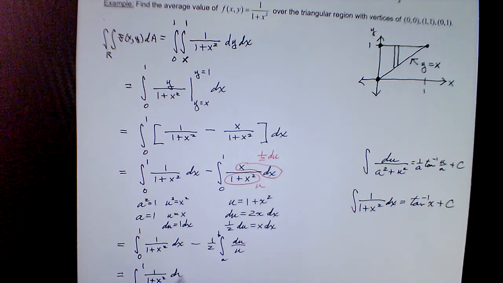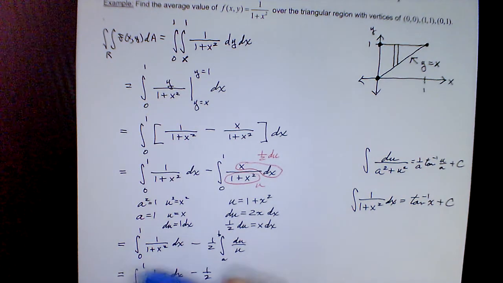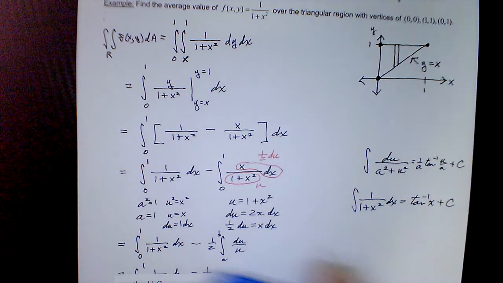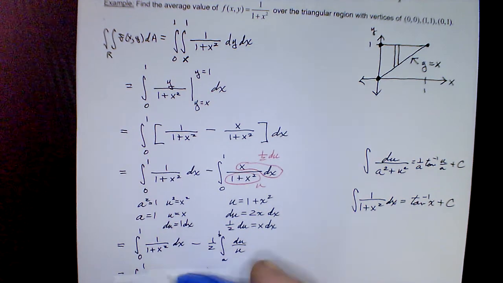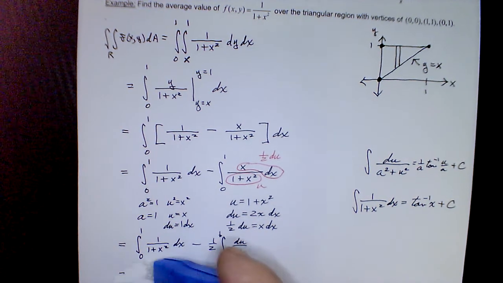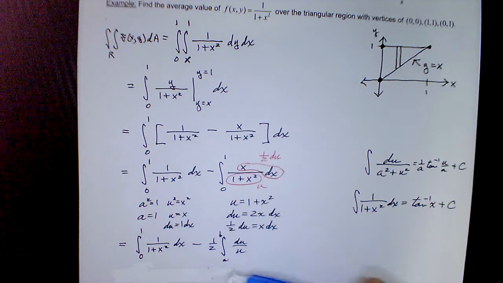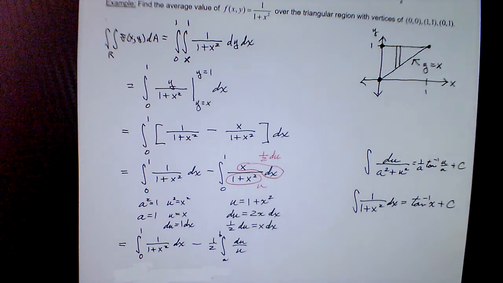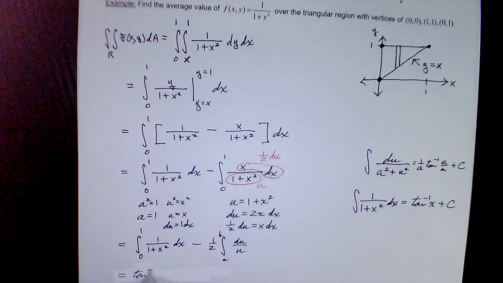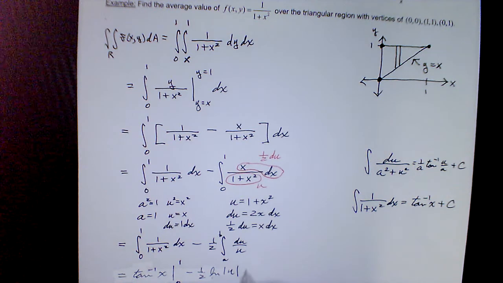Recopy. I won't do all the integrations at once. Oops. Could have integrated them. So doing the integrations now. We have inverse tangent of x evaluated from 0 to 1 minus 1/2 natural log absolute value of u, evaluated from a to b.